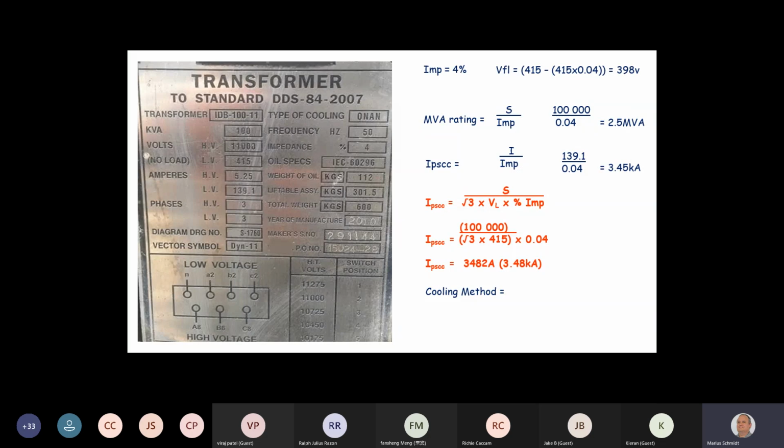If they ask your prospective short circuit current in kiloamps, you cannot say 3,482. You have to say 3.4. If they ask you what is the short circuit current in amps, then you can't say 3.45. You have to say 3,450. Make sense? Do what they ask.